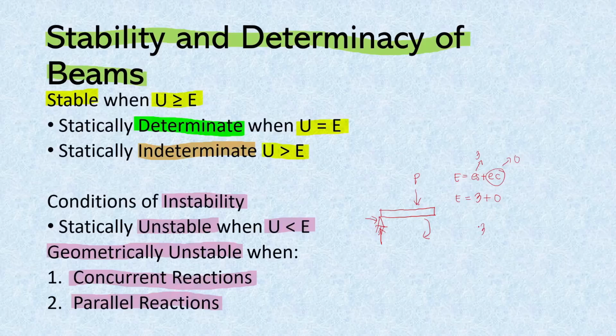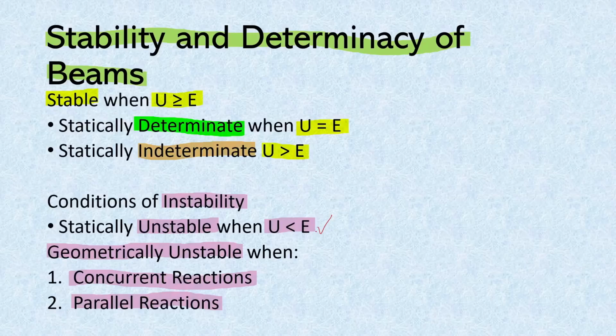Now 3 is lesser than the number of unknowns. The number of unknowns is 2 because dalawa yung reactions natin, and so this will be 2 is lesser than 3, and so that's why it will be unstable. But if you look at it conceptually, ito yung reason talaga dyan. What will resist the moment or the rotation if walang roller dito or walang another support. Now, we can determine instability using this equation.